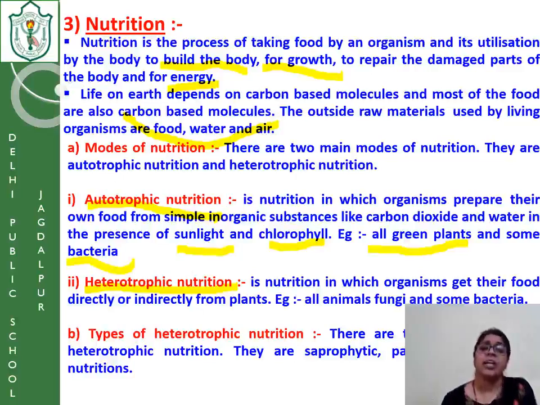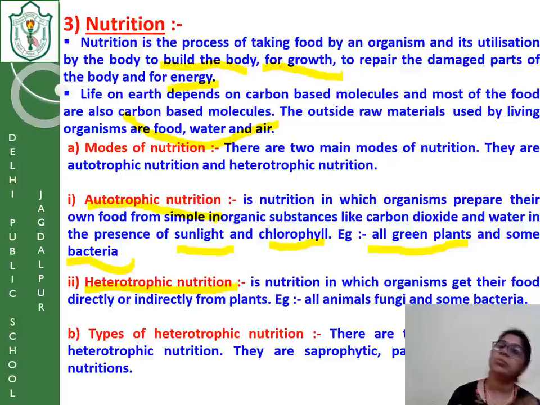Okay, now the second type of nutrition is heterotrophic nutrition. Hetero means dependent on others for their food. Such organisms get their food from other sources. They eat plant sources, or they get it from plant-eating animals. Later we can divide heterotrophic nutrition into herbivorous, carnivorous and omnivorous.